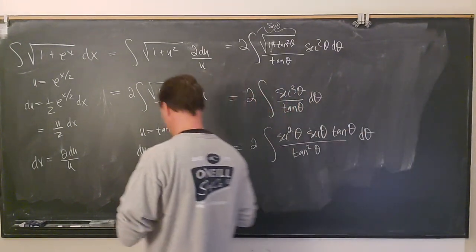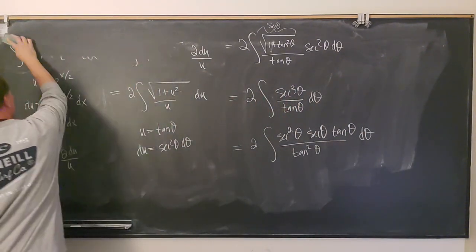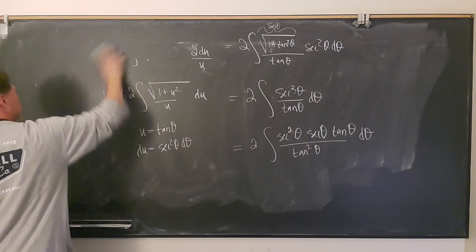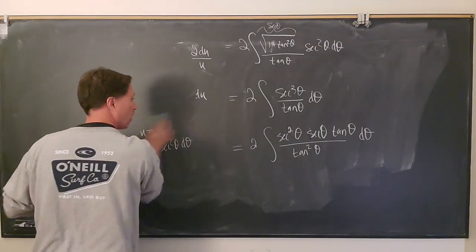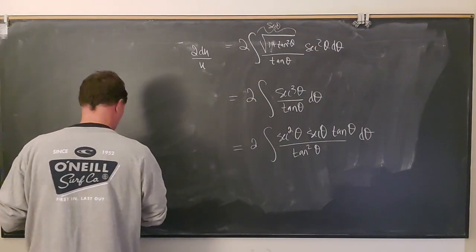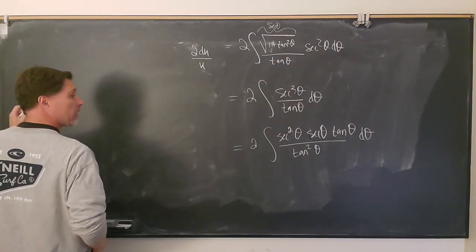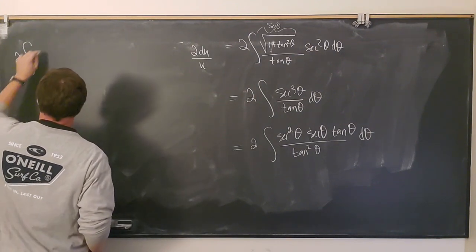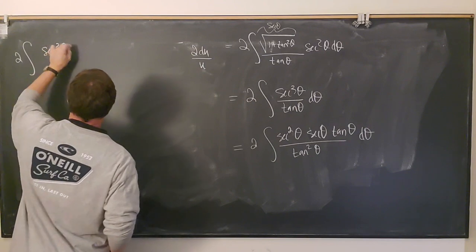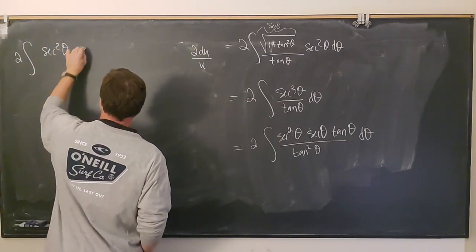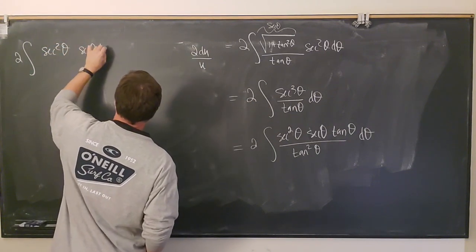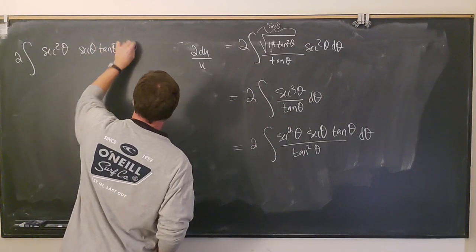Now, if I apply my identity, what do I have there? So this will be a 2 integral secant squared theta, secant theta, tangent theta, d theta.